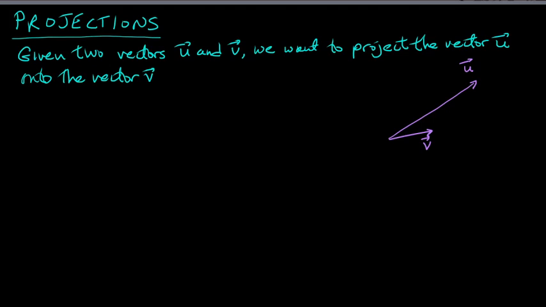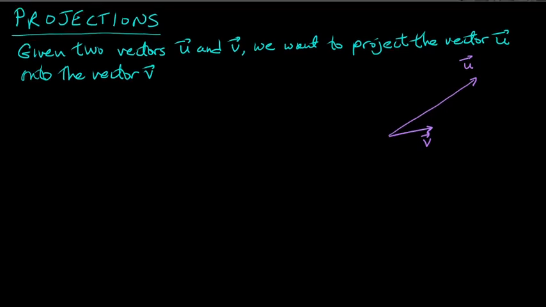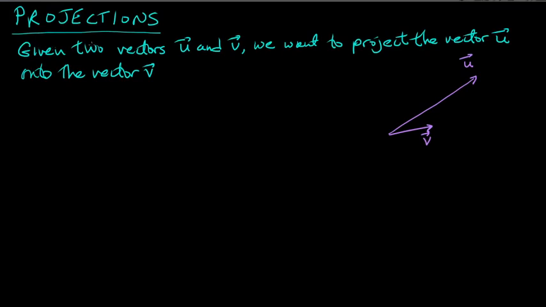Okay, so the next topic we want to discuss is the idea of a projection. So we're given two vectors, let's say u and v, and again, here are the arrows, right? And we want to project the vector u onto the vector v. Okay, so what does that mean, right?